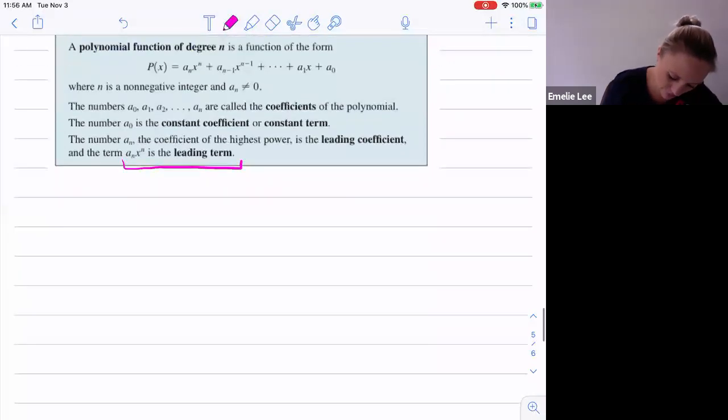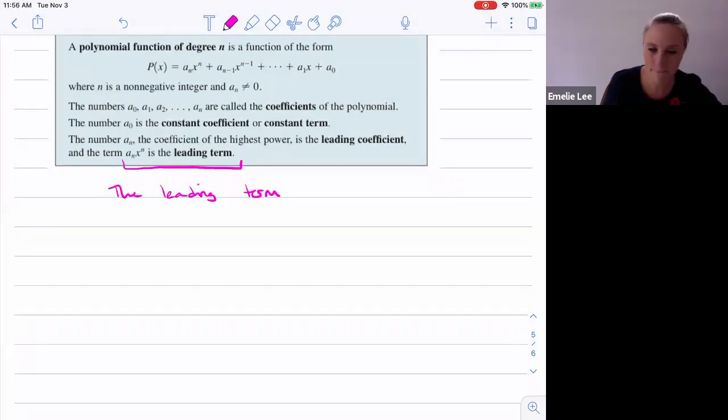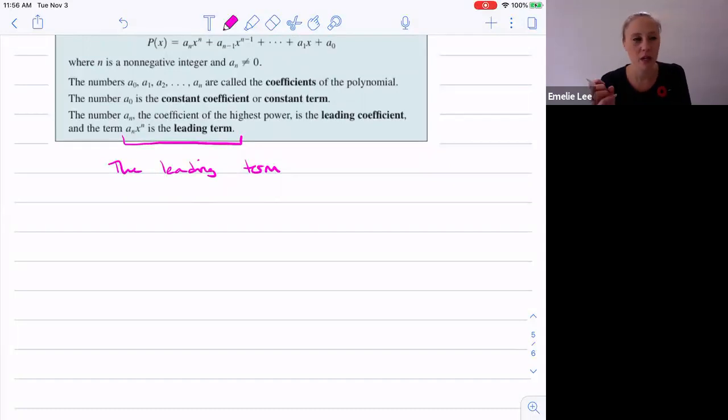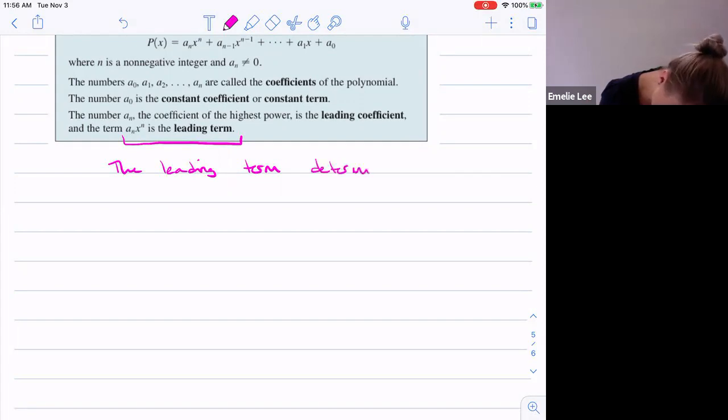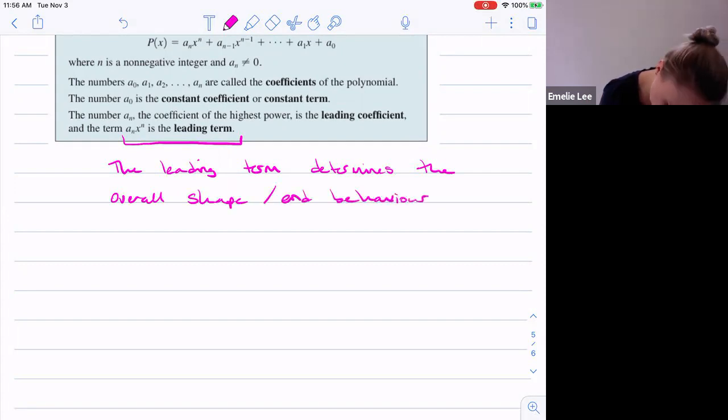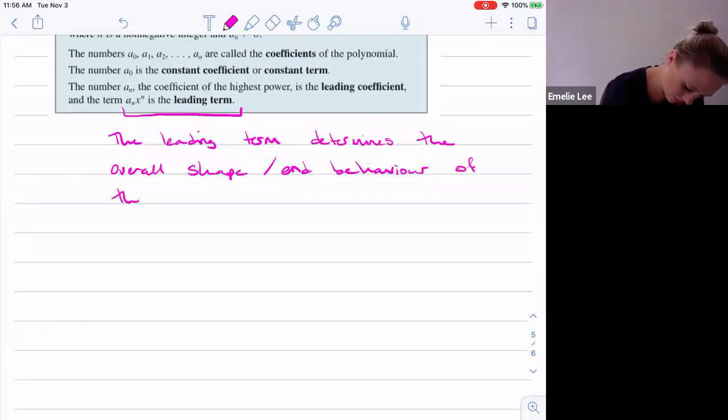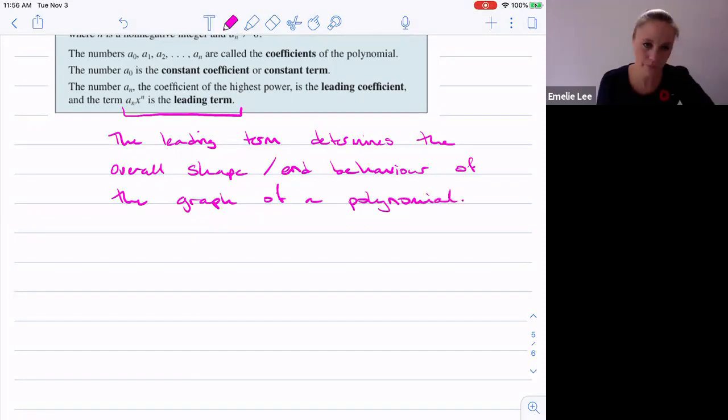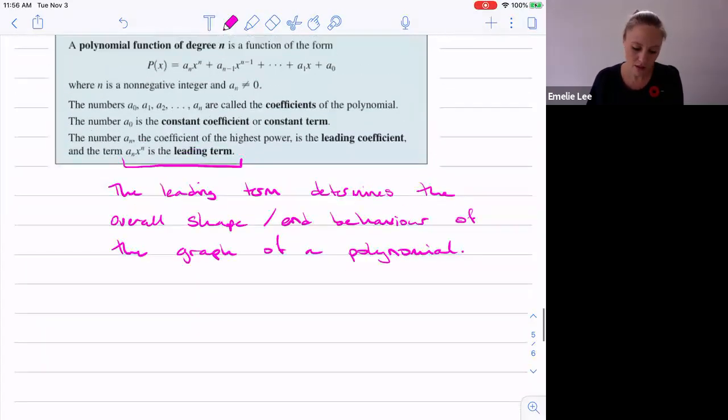So the leading term determines the overall shape and end behavior of the graph of a polynomial. Okay. So what does that mean?